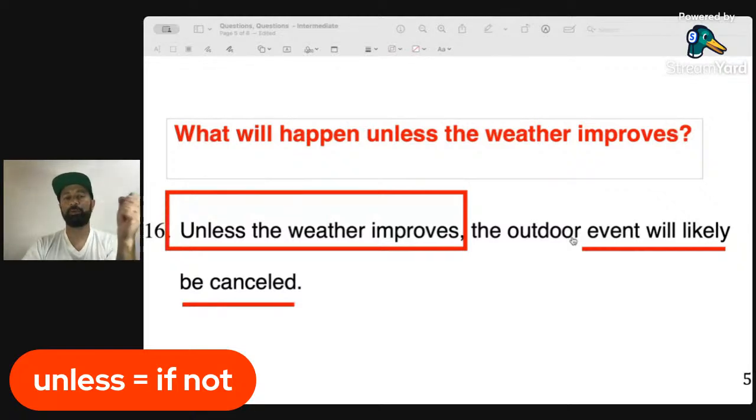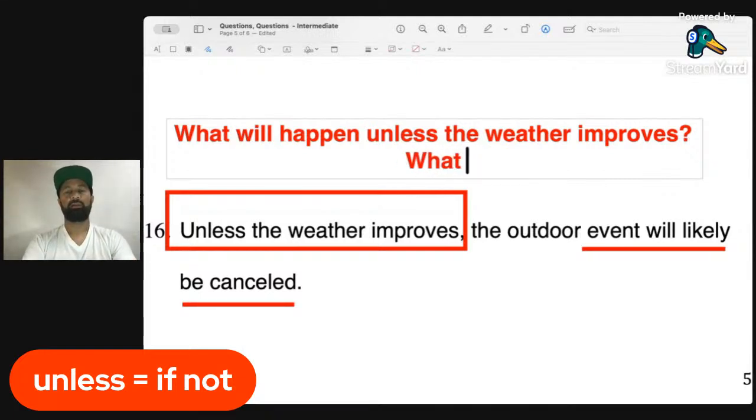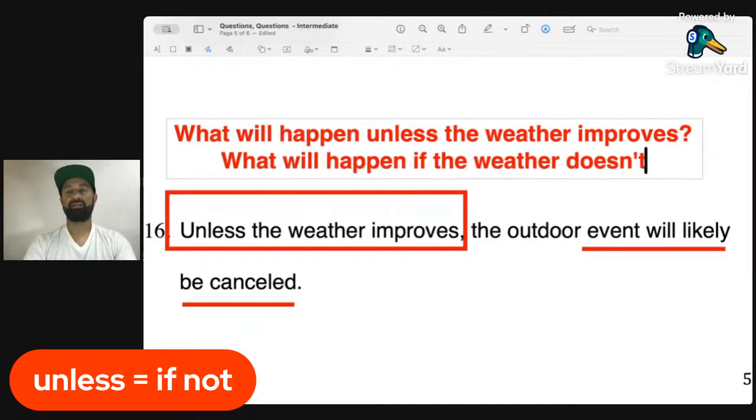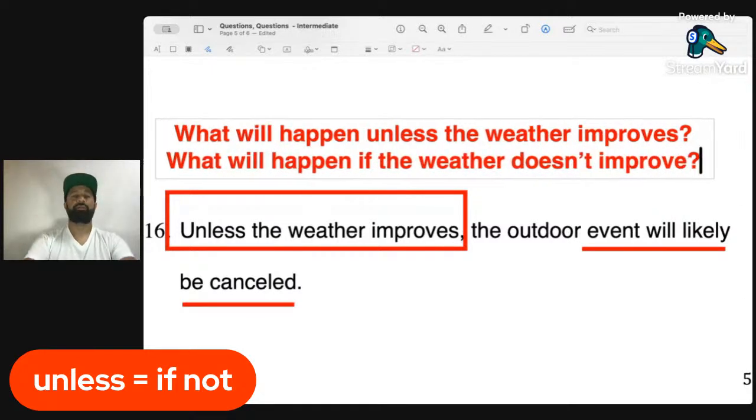So I could put if not into this question. What will happen if the weather doesn't improve? Okay. What will happen if the weather doesn't improve? This is the same meaning. They both have the exact same meaning. So unless and then if not.